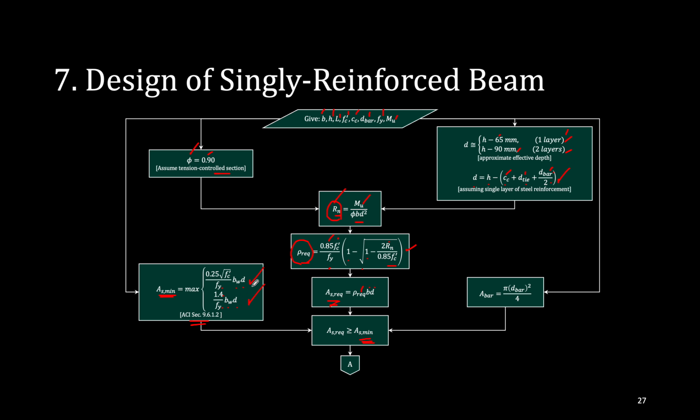So whichever is yung maximum sa dalawa, yun yung gagamitin natin na value for our minimum steel area. Then we're going to compare it dun sa nasolve natin na required na steel area. So whichever is the maximum between dito sa dalawa, yun yung mag-govern na required steel area.